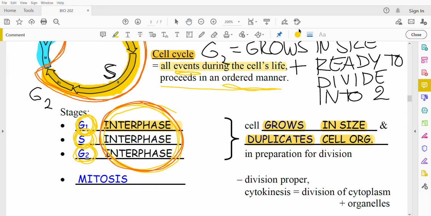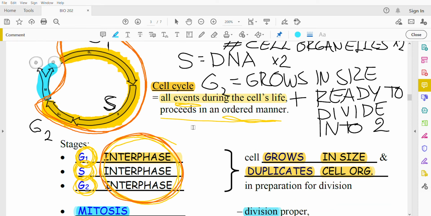And this part, you notice that I highlighted in kind of a turquoise color. This is going to be the actual mitosis. What happens during this part is that the cell actually divides properly. So this is the actual cell division process. And you'll notice that at the end of this, we end up with 2 cells.